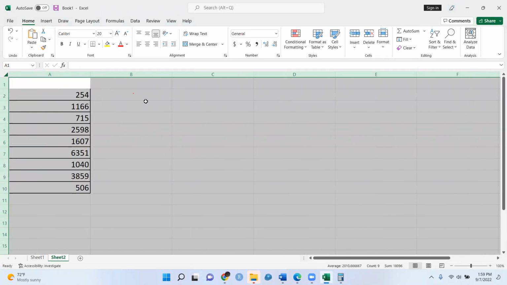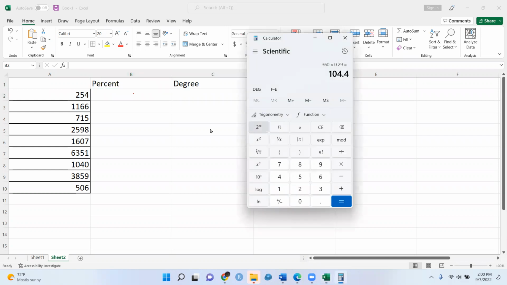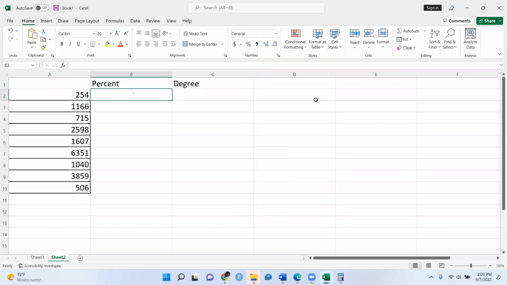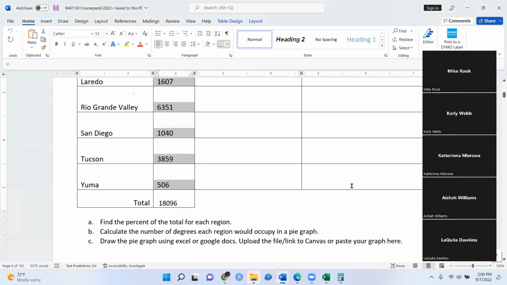And then you can do your percent and your degrees, and you can save yourself a ton of time by calculating it here instead of by hand in your calculator, one item at a time. Does that seem okay for y'all?